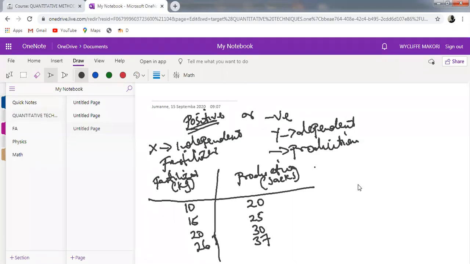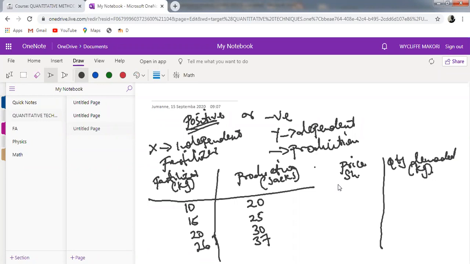A negative correlation will arise when the two variables are not moving in the same direction. For example, you can have a case of the price of a commodity, which is given in shillings, and the quantity demanded, which can be in kgs.